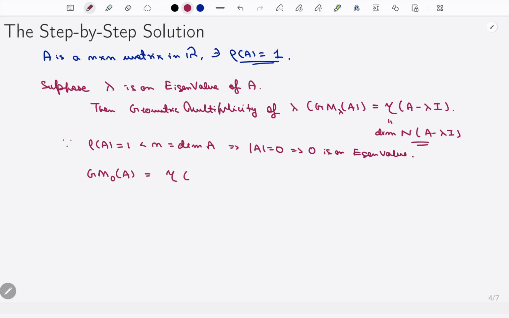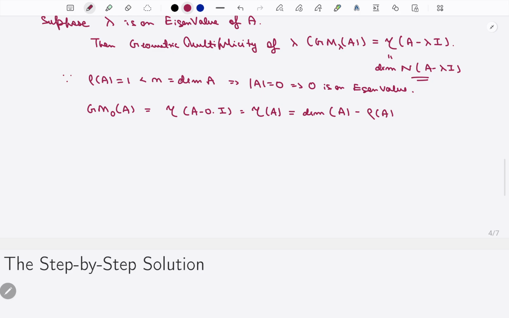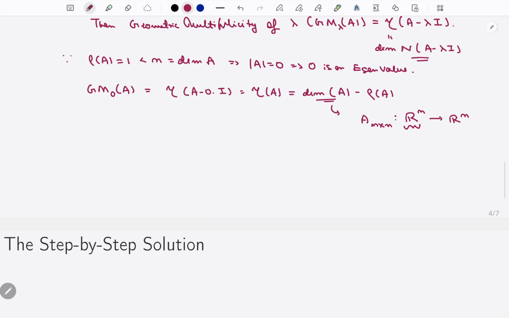This is the nullity of A minus 0 times I, which is the nullity of A. By the rank nullity theorem, this is the dimension of A minus rank of A. By the dimension of A, I mean the following: when A is an n cross n matrix, it is a linear transformation from R^n to R^n, so the dimension of A is the dimension of the domain vector space, which is n.